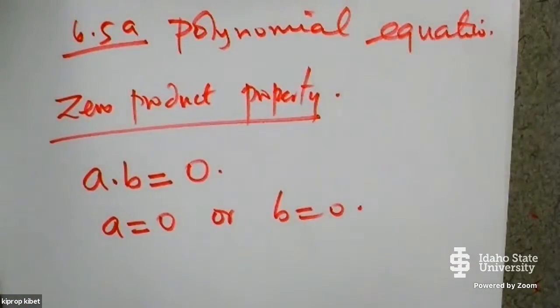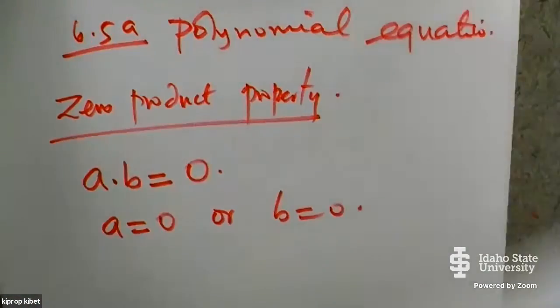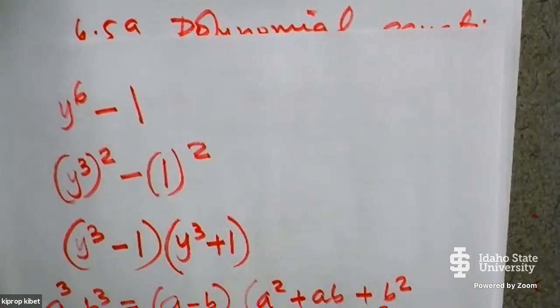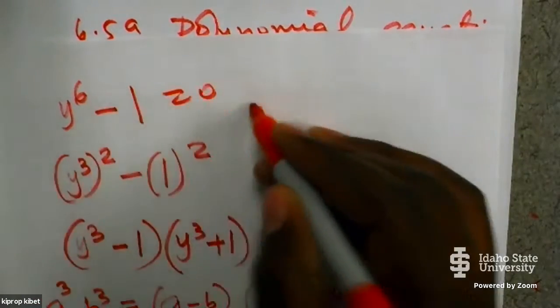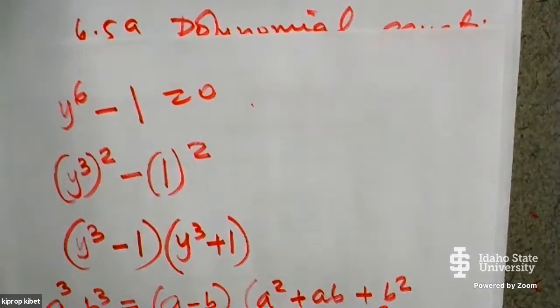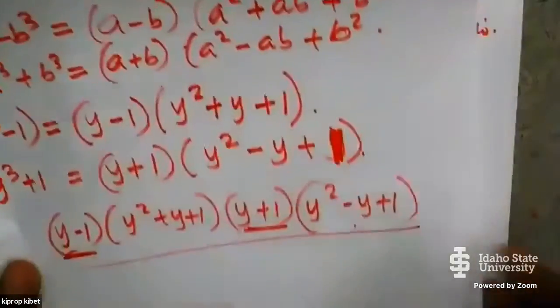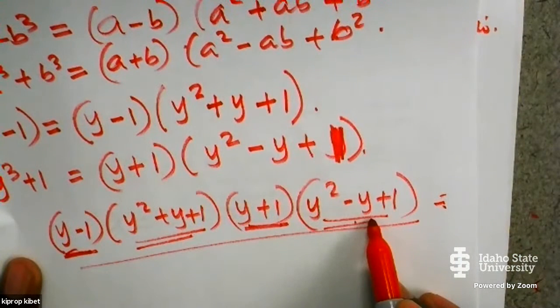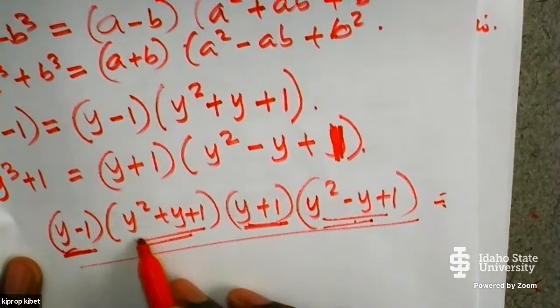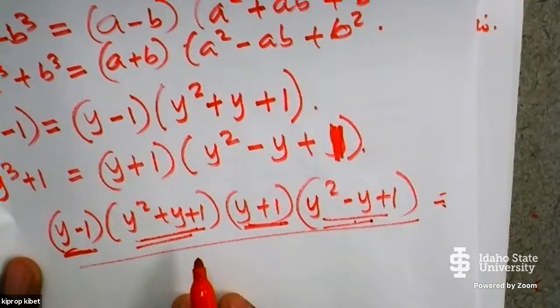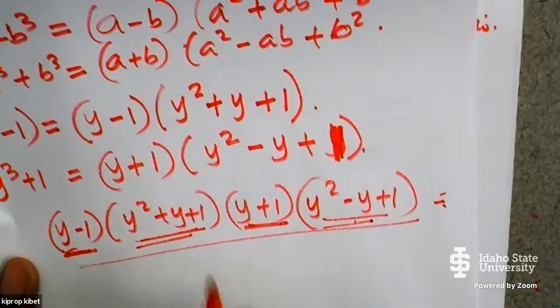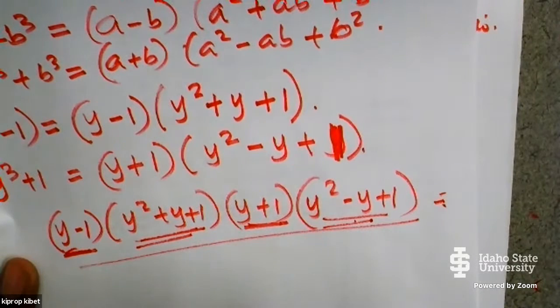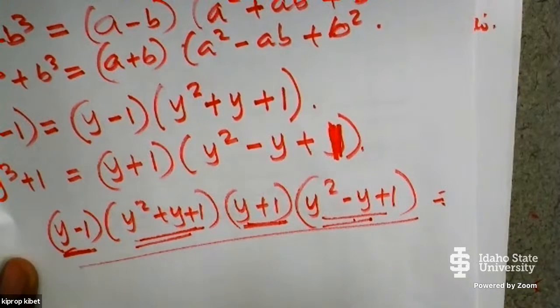Same thing with this one, but this one is more complicated. If you equate this one it will give you a lot of problems, so you need to use another method. Actually, you get a value of y, so the value of y would be either 1 or minus 1.